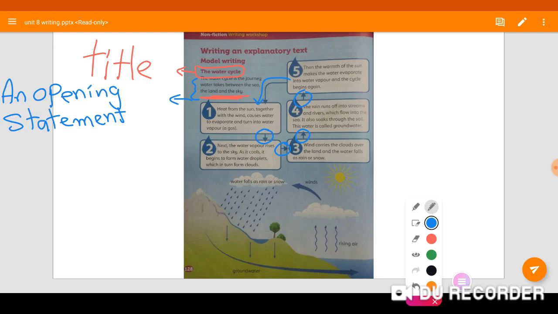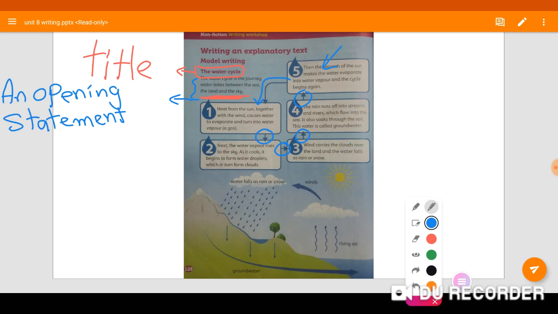What do you think if I start reading from number 5, then number 4, then number 3, and so on? Will I understand anything? Of course not. I have to follow the numbers because they are like steps, okay? That's why I have to follow the steps 1, 2, 3, 4, and so on.